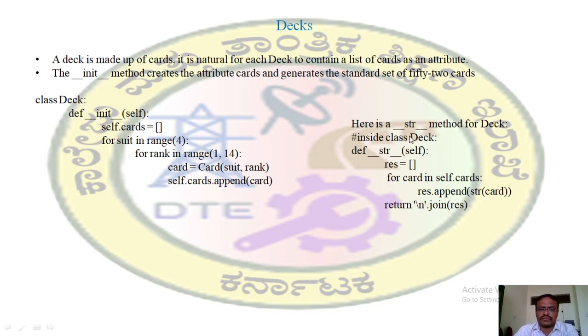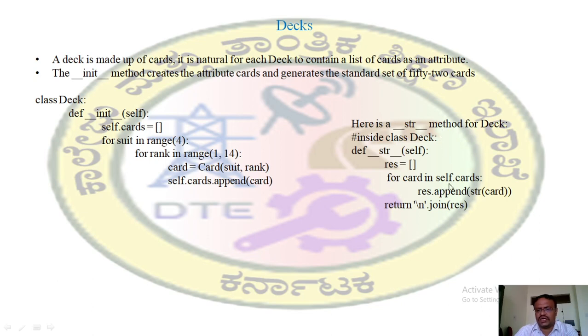And here is one more method for the deck, the __str__ method. self result is initialized to an empty list, then for card in self.cards, result.append(str(card)).